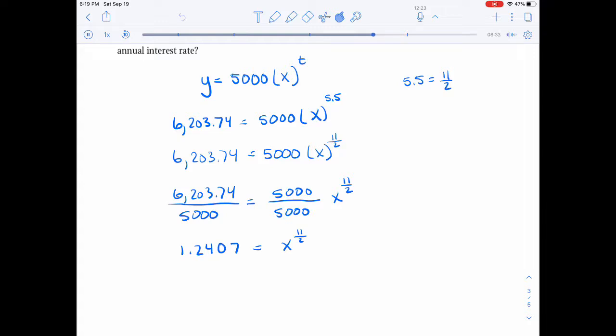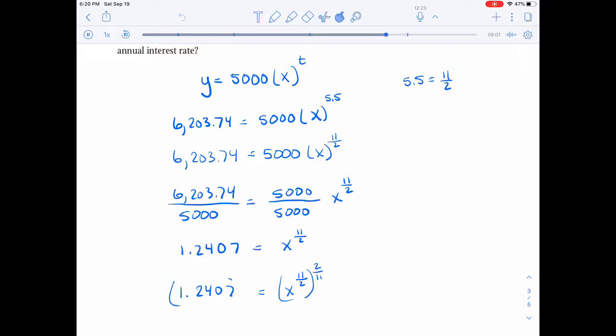Now, I don't want x to the 11 halves. I just simply want x. So I am going to raise my power to the power, and I'm going to do that to get an exponent of 1 on the right-hand side. So if I raise to the 11 half power, I am going to raise that entire expression to the 2 11ths power.